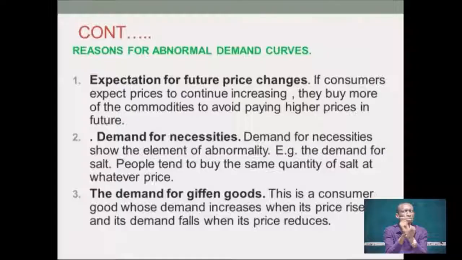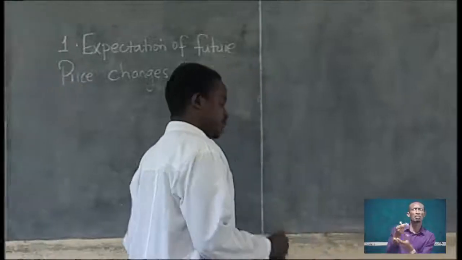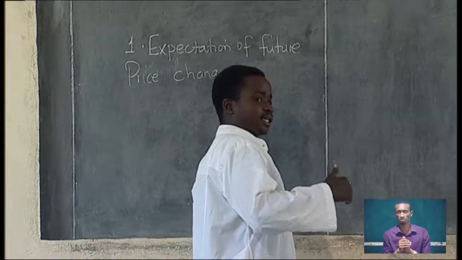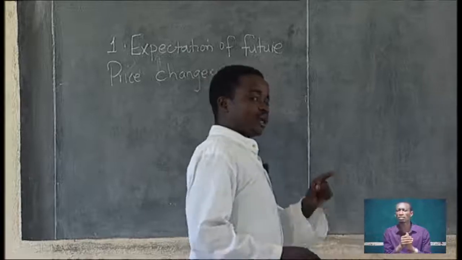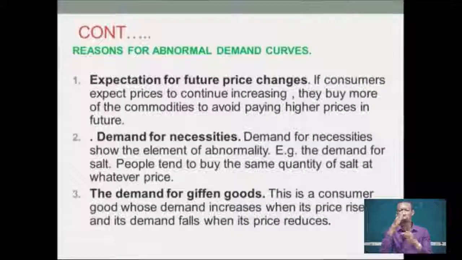So we are saying if consumers expect prices to continue increasing, they buy more of the commodity to avoid paying higher prices in the future. Assume that the price of the commodity is increasing. Here consumers will buy more of the commodity so that they don't face the problem of paying higher prices in the future.